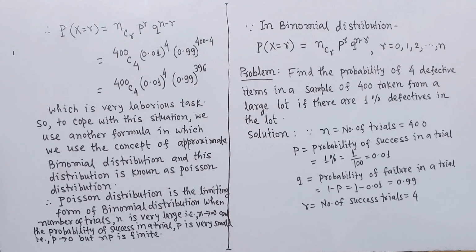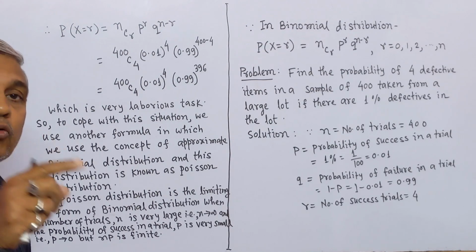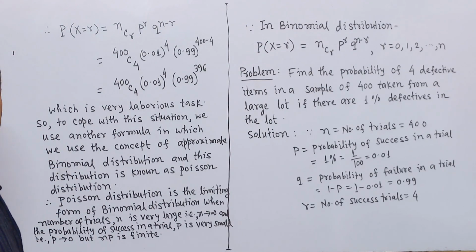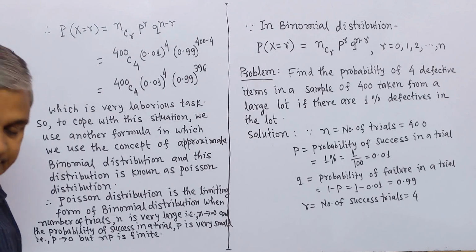And we use these concepts to find a new distribution that is called Poisson distribution.